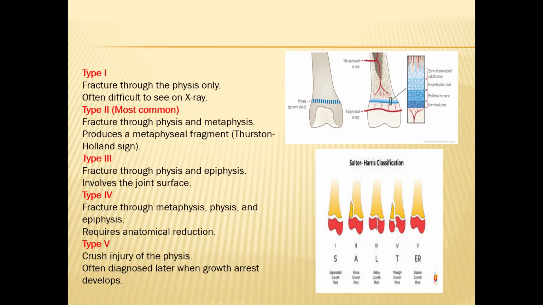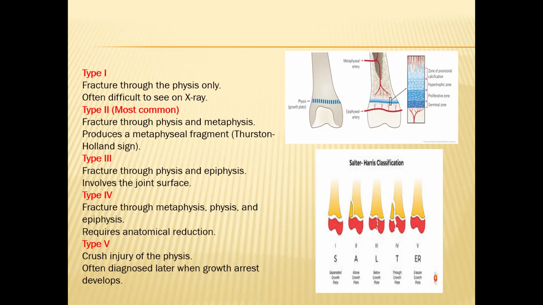Sometimes we cannot identify this on the X-ray, but clinically we see bruises, ecchymosis, swelling and tenderness, and the patient cannot bear weight, cannot walk. So even if we cannot see the fracture, we can apply a safety slab for this patient.